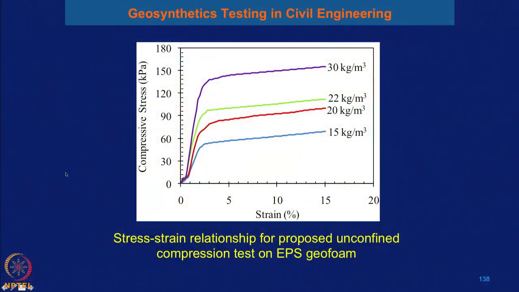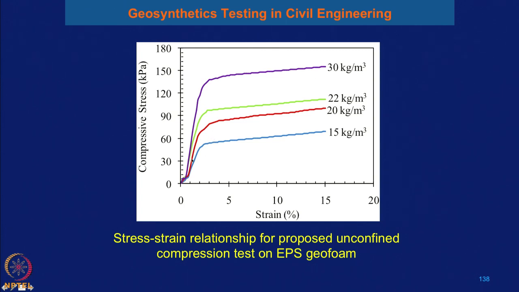Now, I will show you. Here you can see this is the compressive stress and this is the strain, in terms of kilopascal, and this is the stress-strain relationship for the proposed unconfined compressive test on EPS geofoam. You can see this for a density of 15 kg per meter cube, then 20, 22, and 30 kg per meter cube.